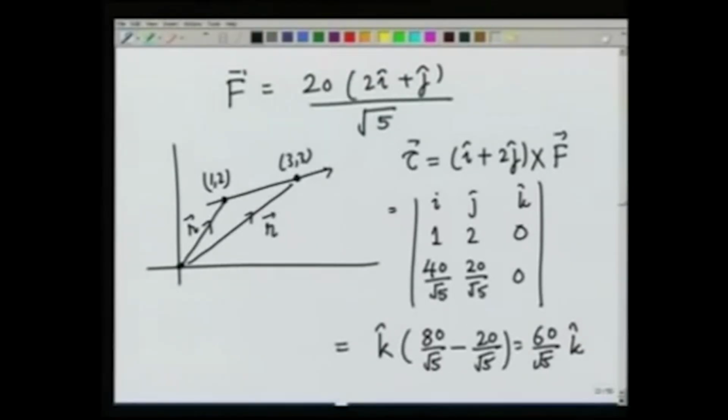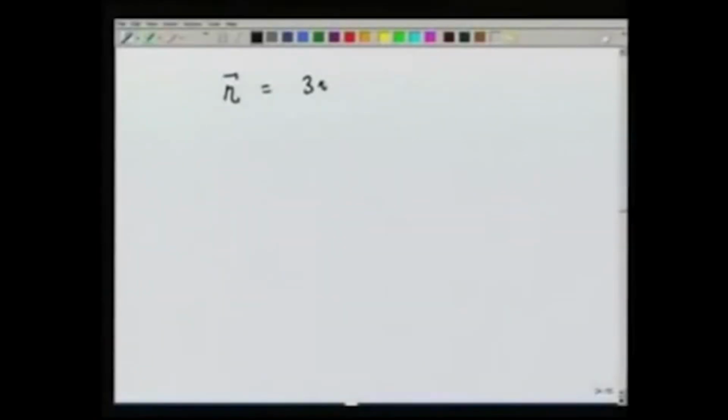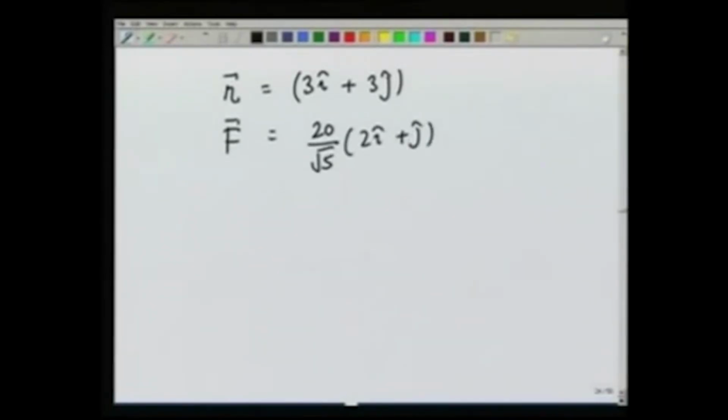That is the torque. What will torque be if I take R instead to be the vector from the origin to 3, 3? Let us calculate that. So, that vector is going to be 3i plus 3j. Force of course is 20 over root 5 (2i plus j) newtons.